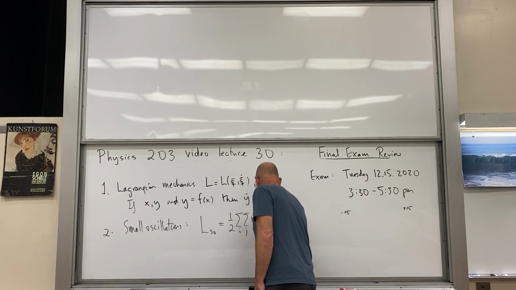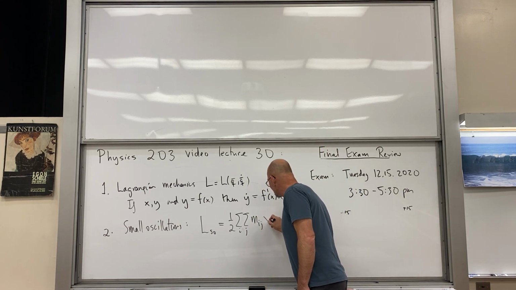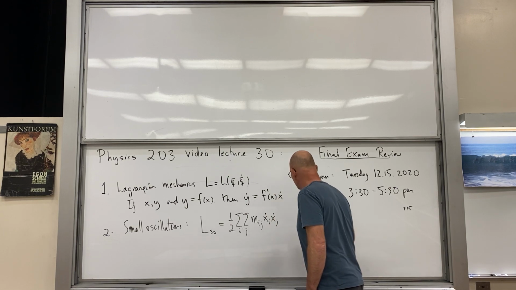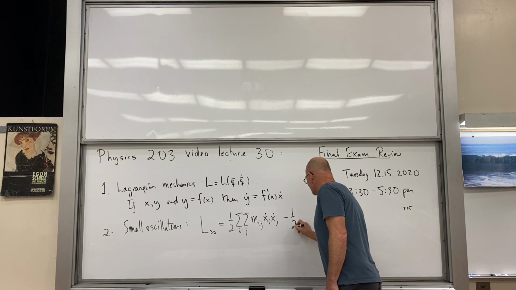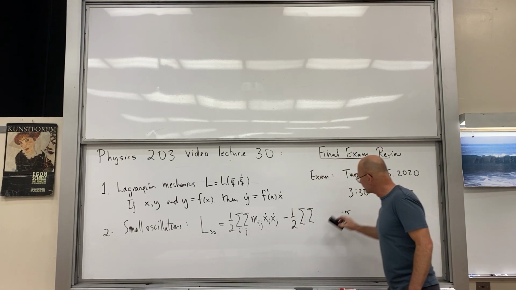So in general, we have this matrix of constants, that's the x dot, and then we have almost the same thing where this is in the way.